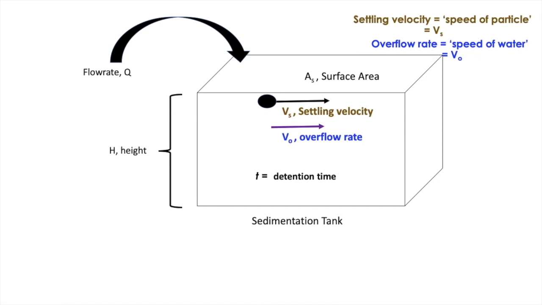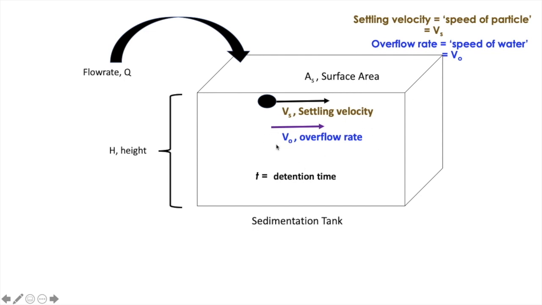Now I have a question for you. You know that there are two speeds in the sedimentation tank, one for particles and one for water. In order for the sedimentation tank to be effective, which one needs to be faster? Is it the settling velocity, the speed of the particles, or is it the overflow rate, the speed of the water?